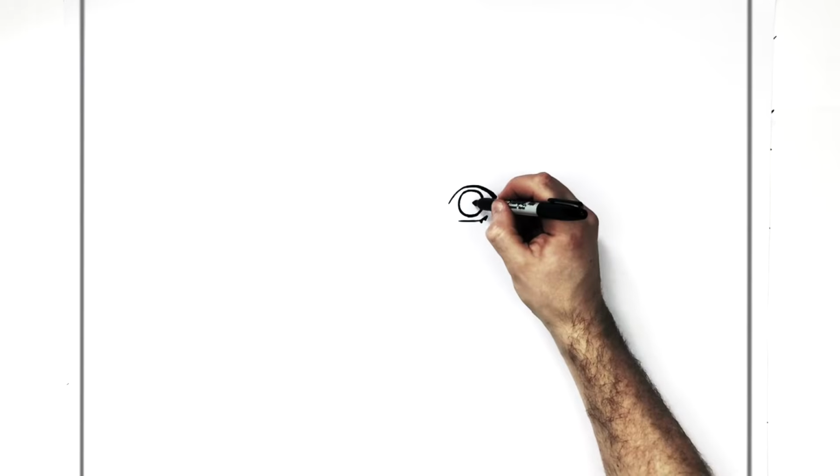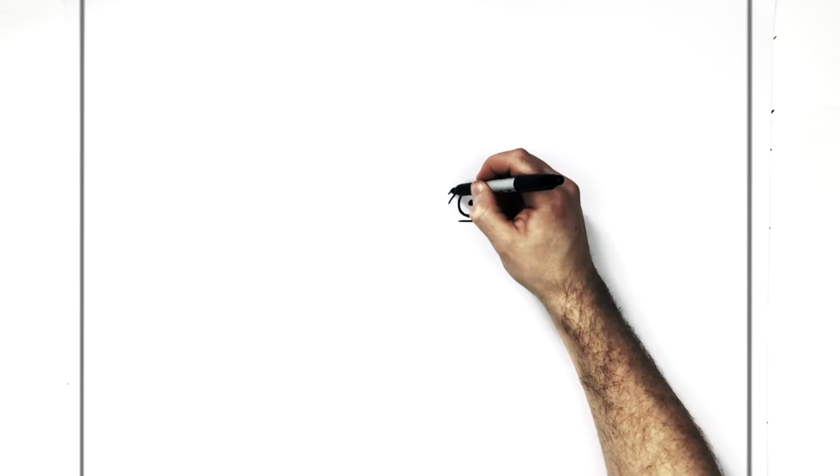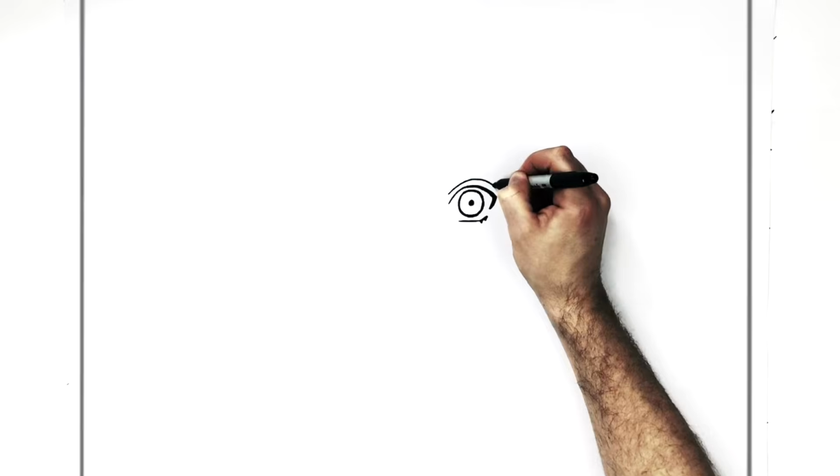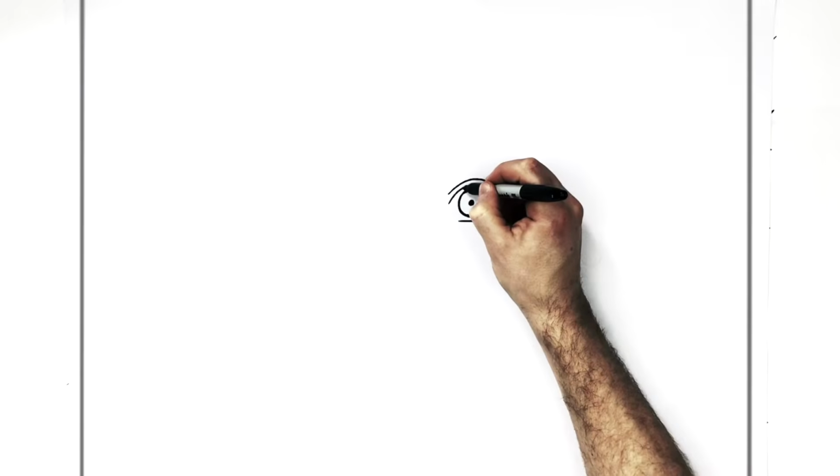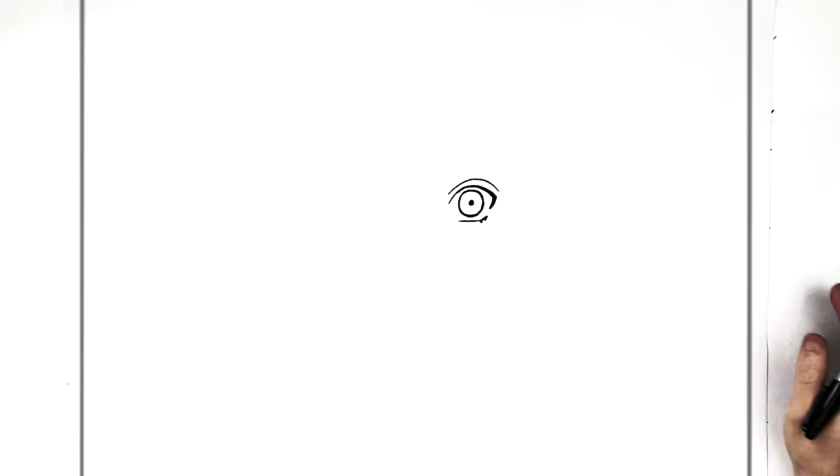Like so. And then her pupil, just in there in the center. Like so. And her eyelid. So we got a big eyelid, follows the shape of her eye, like so.